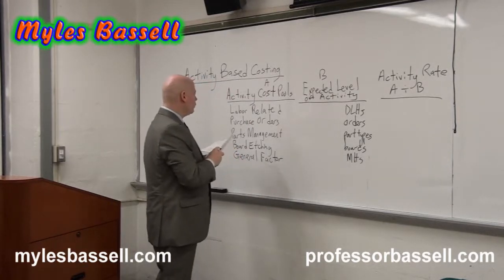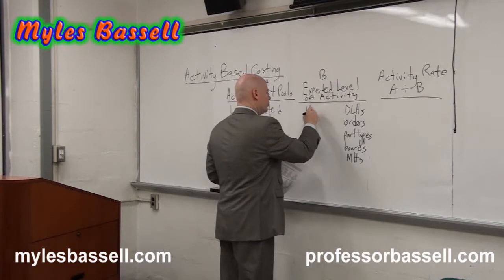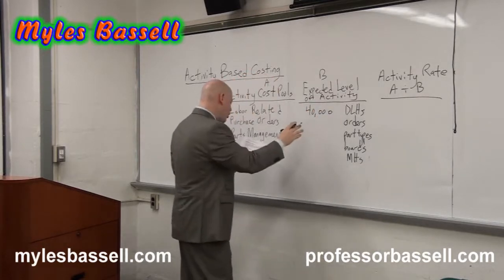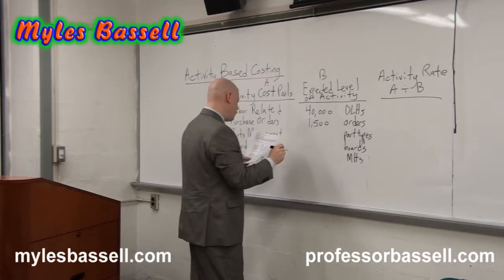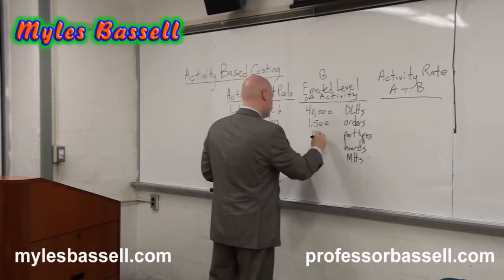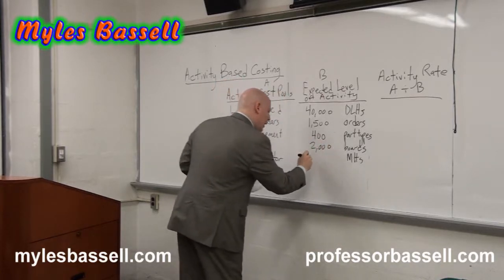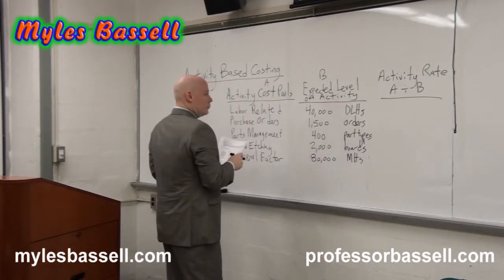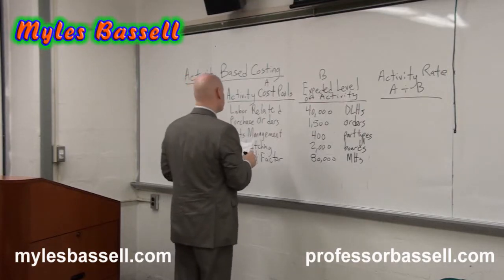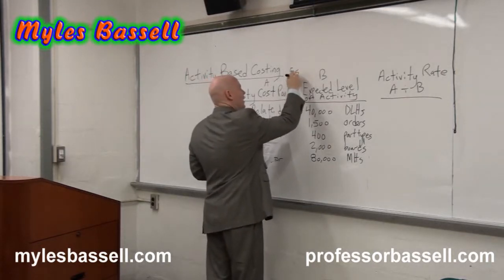So here in this example, the expected level of activity is 40,000 direct labor hours. The number of purchase orders is 1,500. The number of part types is 400. The number of boards is 2,000. And the number of machine hours is 80,000. And actually, we need to put the estimated overhead.